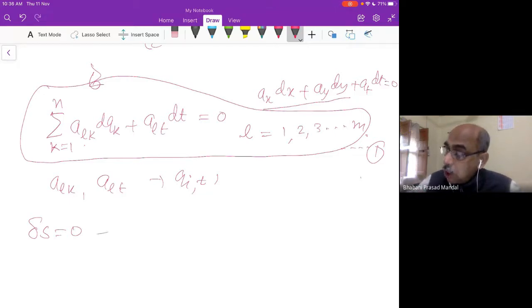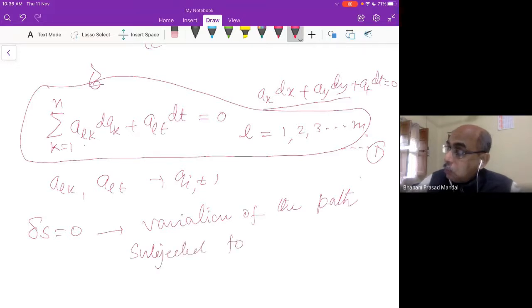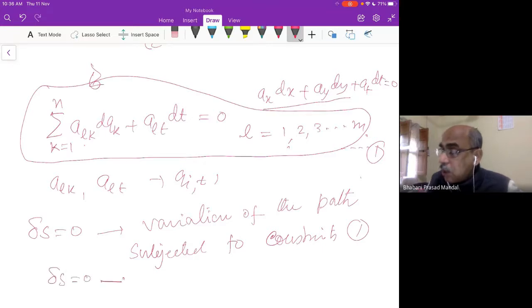This we call the variation of the path, the path subjected to constraint 1. If it is possible to consider the variation of the path subject to this condition, then we can put delta S equal to 0 and find the equation of motion.